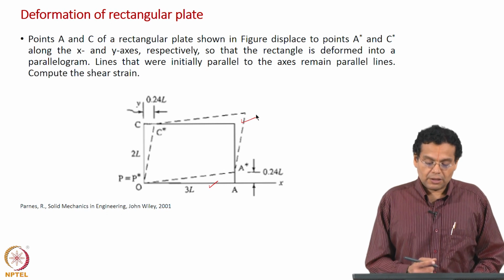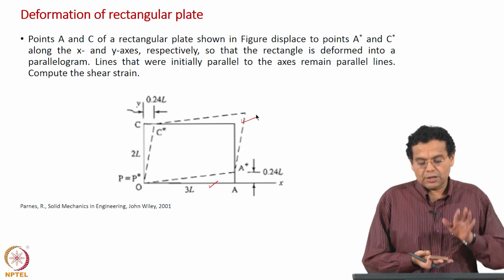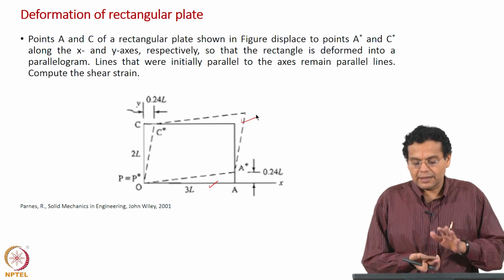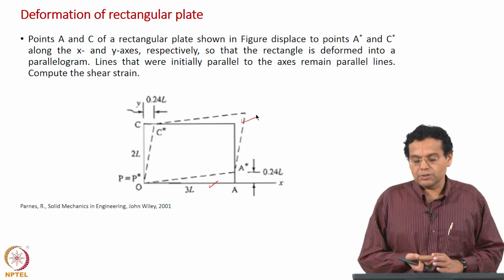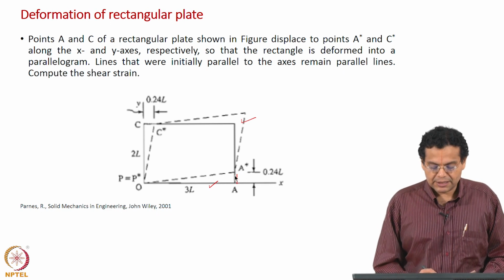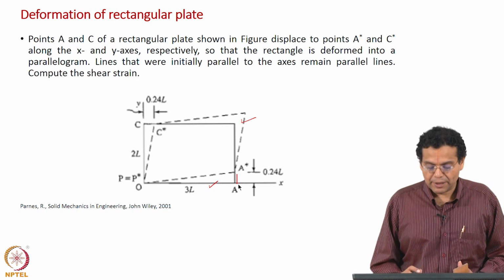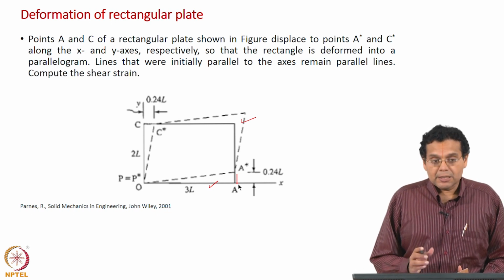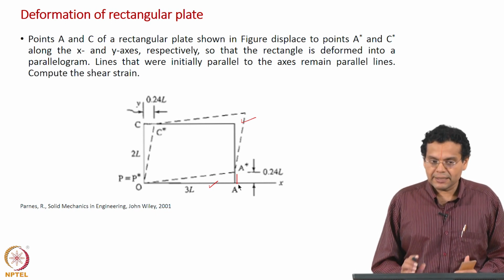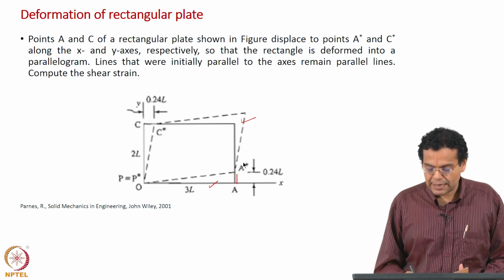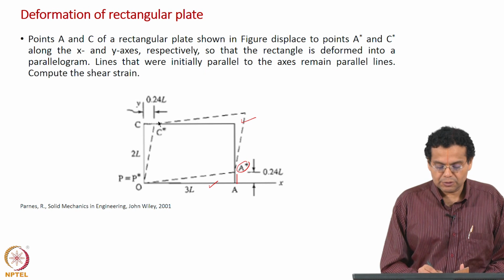Always remember, in all these cases a force is applied and it continues to apply, and then it undergoes deformation. The original points are P, C and A. The point P has not moved, it has remained at P star, so P equals P star, A has moved to A star and C has moved to C star.